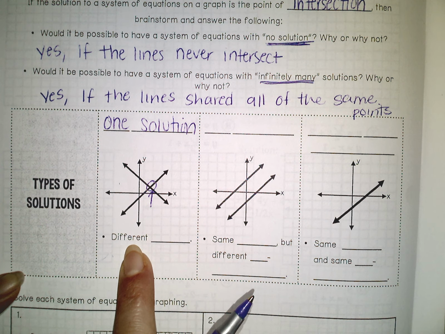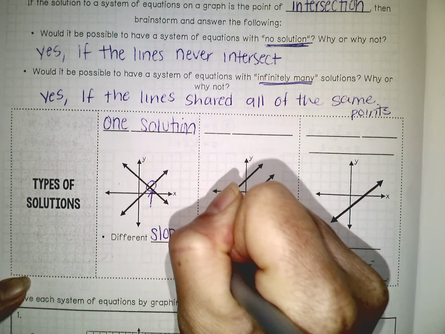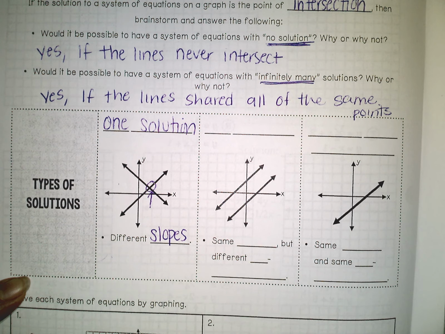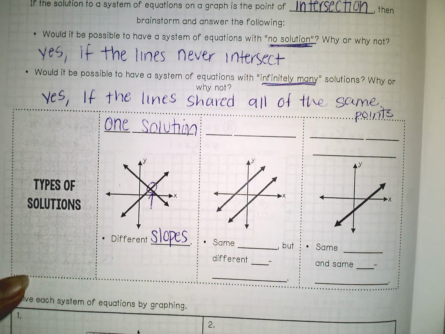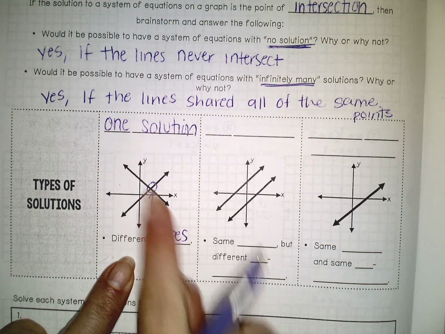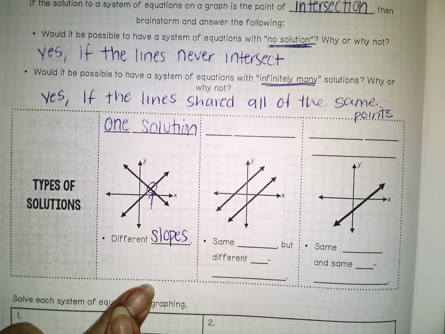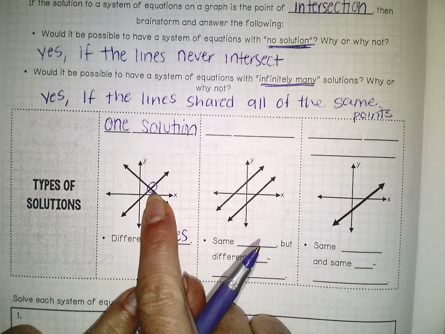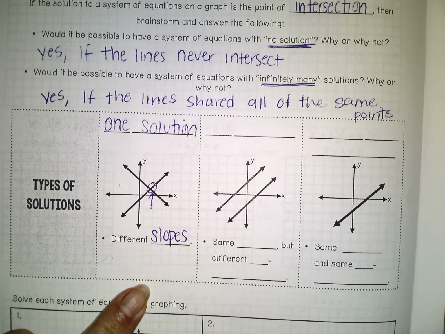What do these two lines have different? They have different slopes. They also do, in this case, have different y-intercepts, okay? But one of the key things when you look at one solution is they will have different slopes. So we've gotten pretty good from Tuesday's work on one solution and how to identify where that point of solution is.